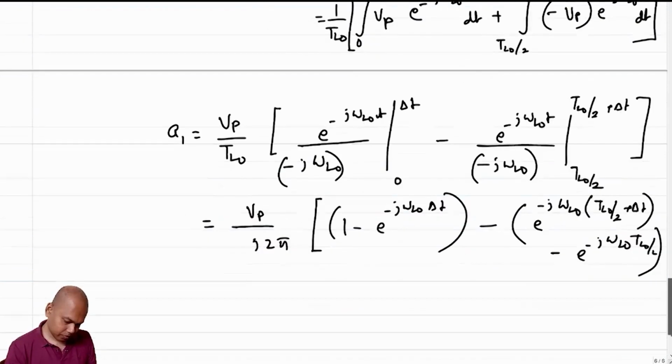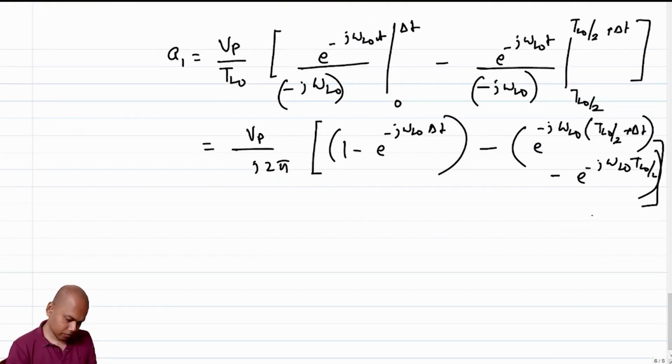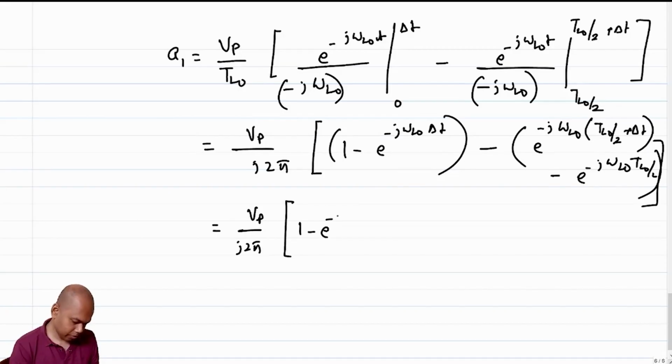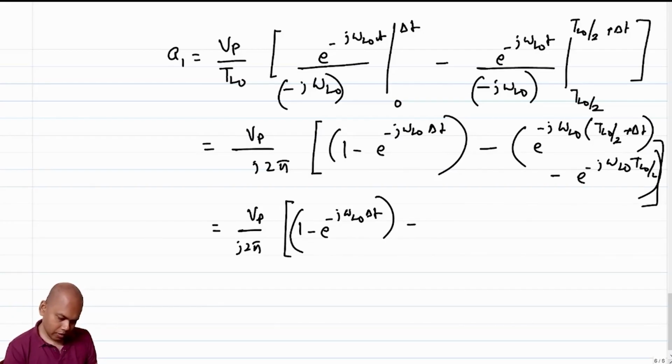Okay. So I'll keep this as is: 1 minus e to the power minus j omega LO delta T, minus, and from here I can take e to the power minus j omega LO TLO by 2 common, right? Fine, so I can take that out.